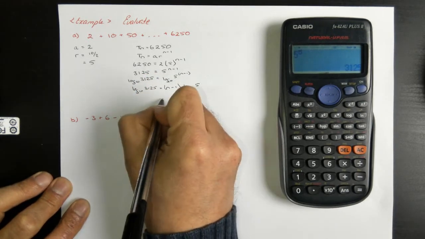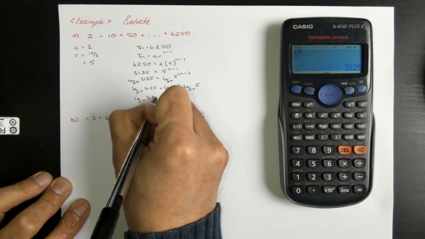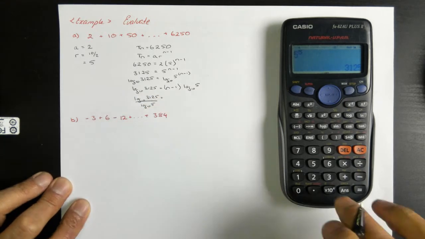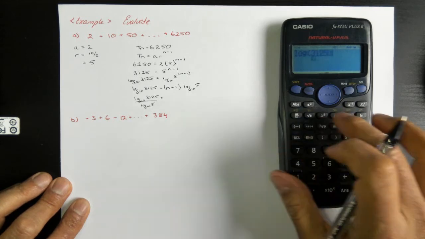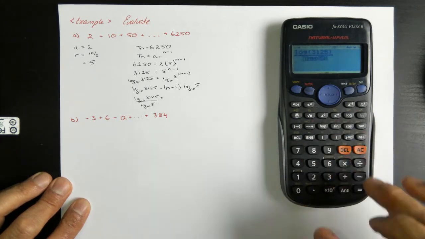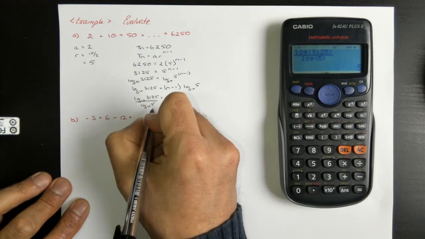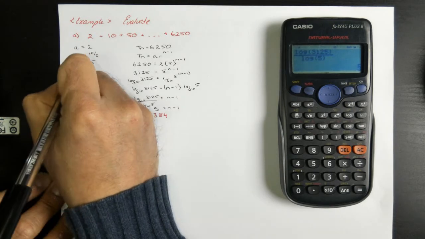I can divide by log. So log 3125 over log 5 gives me 5. So n would be 6.